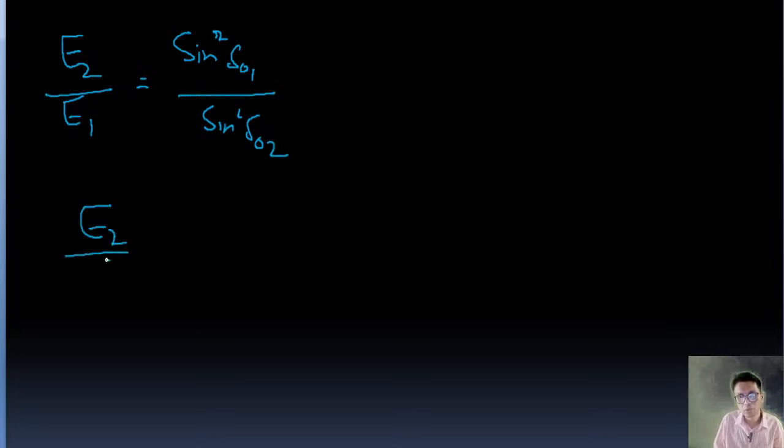So E2 upon E1 is going to be sine square delta. We have the given value, right? This is 60 degrees given delta. So sine square 60 degree upon sine square. Wait, this is sine square 60 degree.